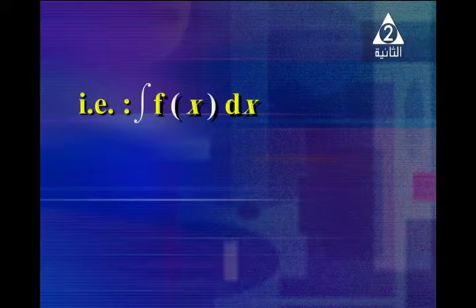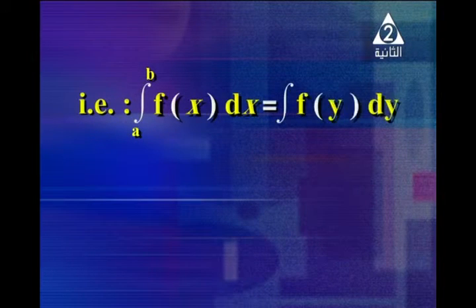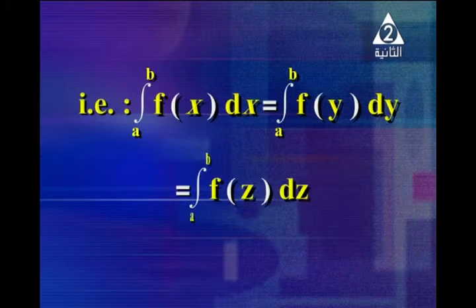As an example, the integration of f(x) dx from a to b equals the integration from a to b of f(y) dy, which also equals the integration from a to b of f(z) dz.